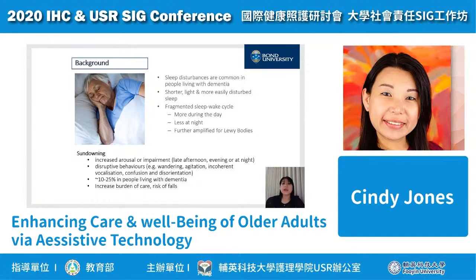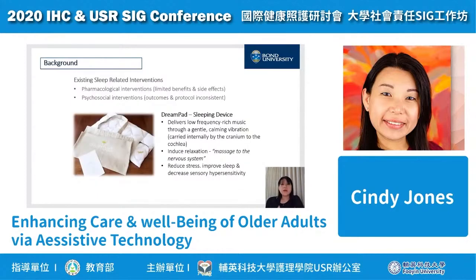where wandering has been estimated to occur in over 60% of those living with dementia. Now, what can happen is these behaviors increase burden of care and risk of falls for older people in aged care, including those living with dementia. Effective strategies to improve sleep in people living with dementia, particularly those in nursing homes, are needed.